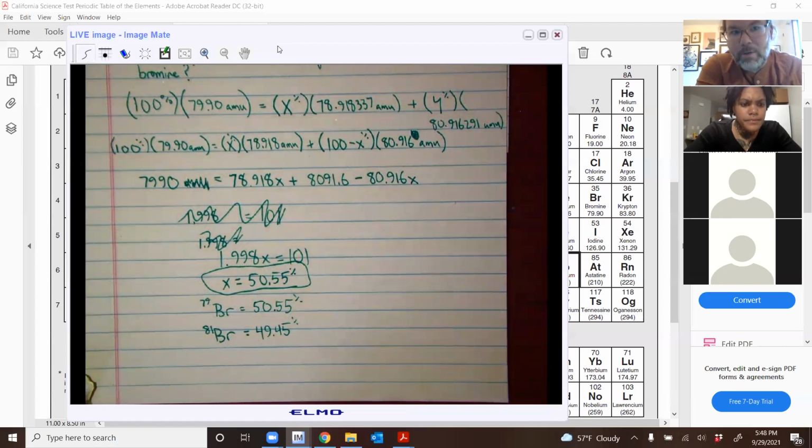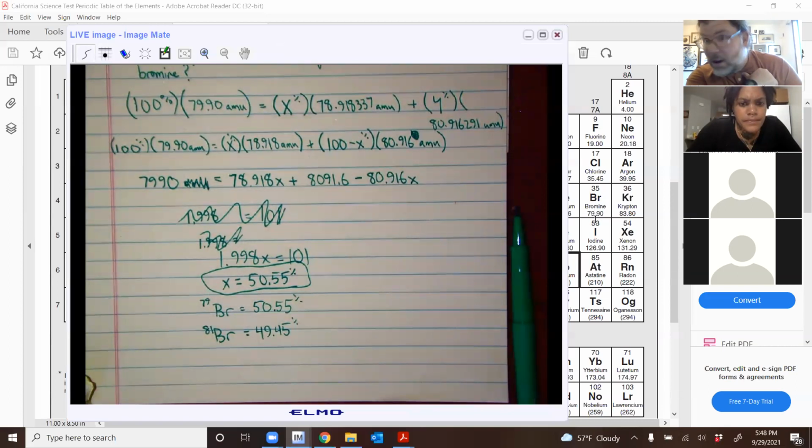So does that answer make sense with what we see as the average atomic mass of bromine? If each of those isotopes accounted for about 50% of the pile, wouldn't our average atomic mass be somewhere close to right in the middle between 79 and 81? It would, right? And is our average atomic mass pretty close to right in the middle between 79 and 81? It is. So we did our math correctly there.